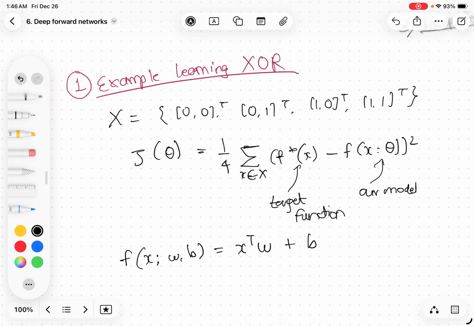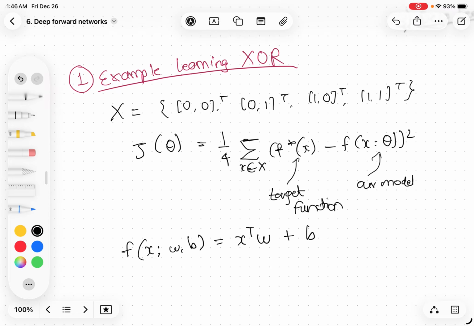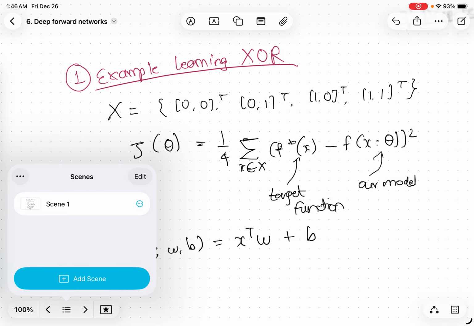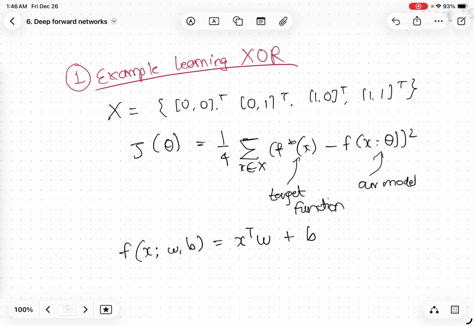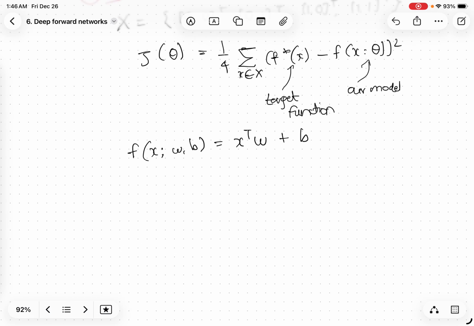So now let's introduce a very simple feedforward network with one hidden layer containing two hidden units. Let's try to present this. This is another scene, basically from chapter 1.